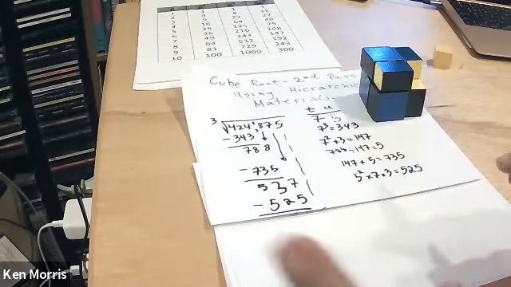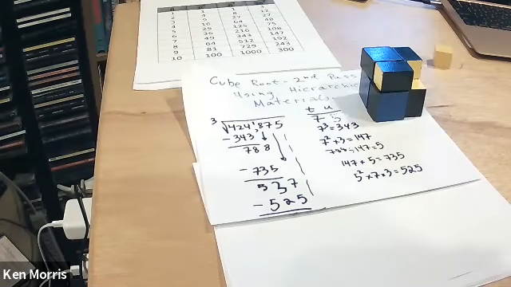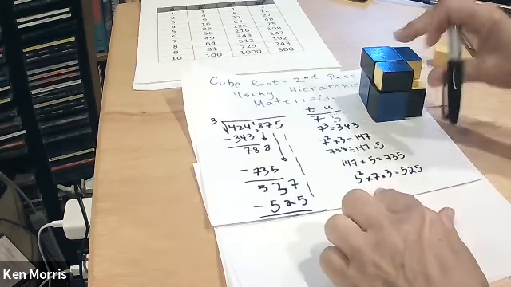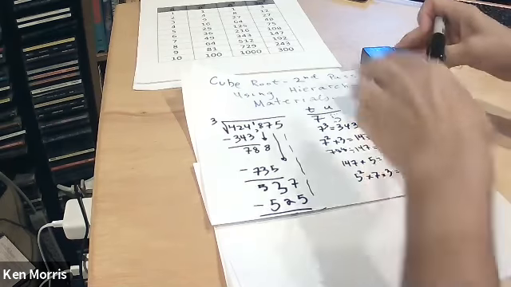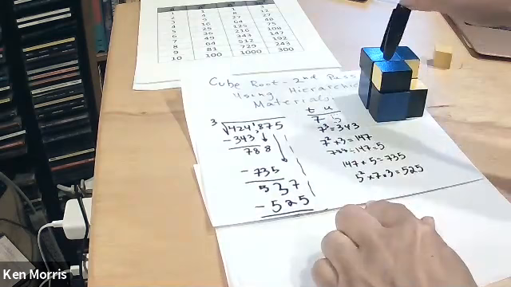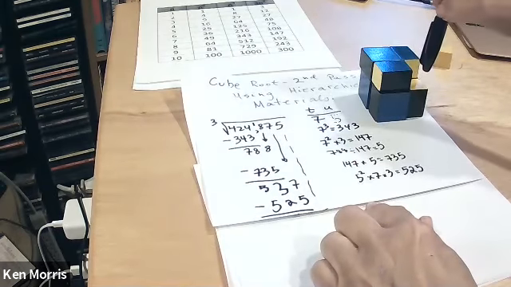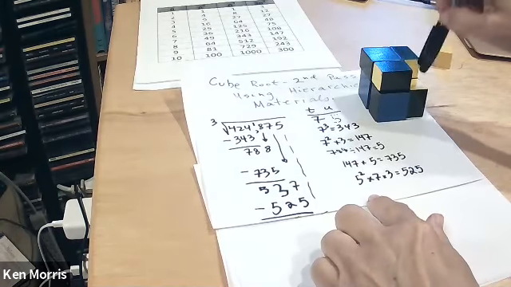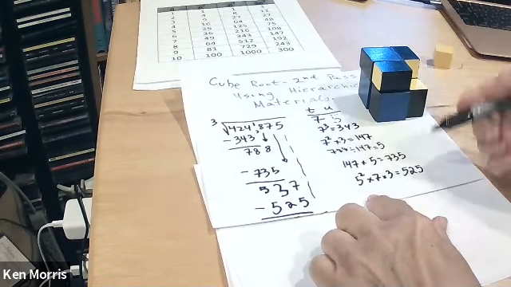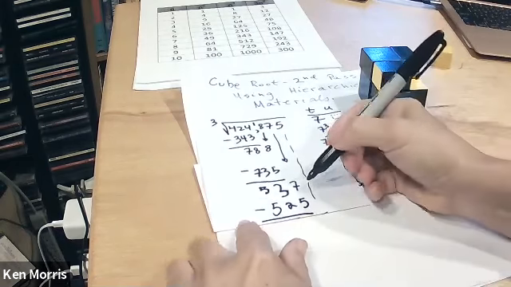Okay, I need to back up a little bit because I made an error in my subtraction. The last thing we did is we built these 3 layers here, which we said was 5 squared times 7, taken once, twice, 3 times, which equals 525.